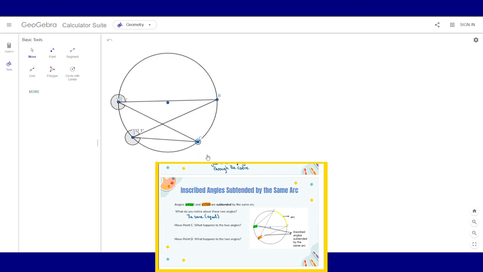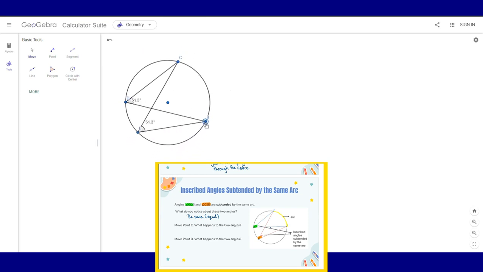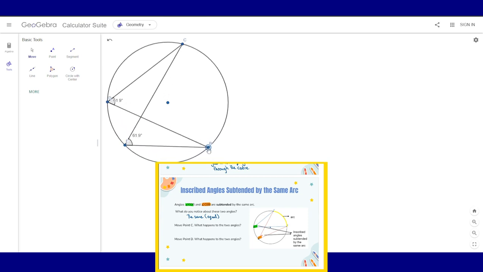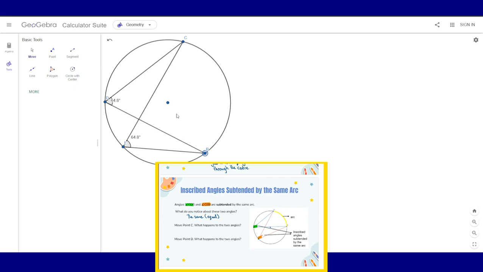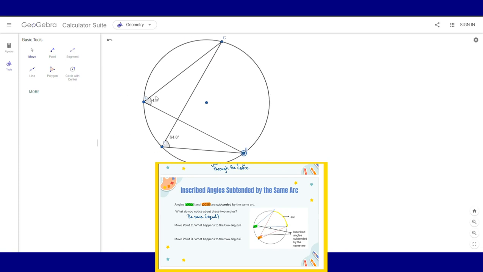If I flip it on the other side, it's essentially the same thing. But if I move point C, obviously if I move it on the other side, it's no longer the same arc. So I need to keep it on the outside of point D and point E. But if I move C, I can see that those two angles are still staying the same. Same thing with B. So if I change the two endpoints of that arc, it doesn't change the property.